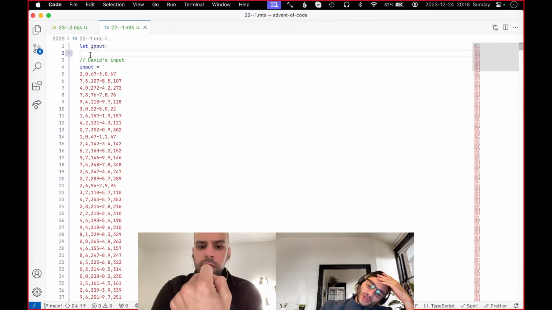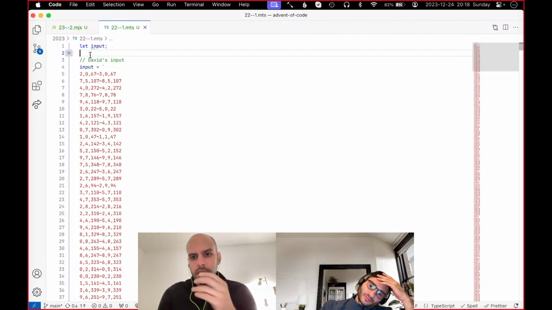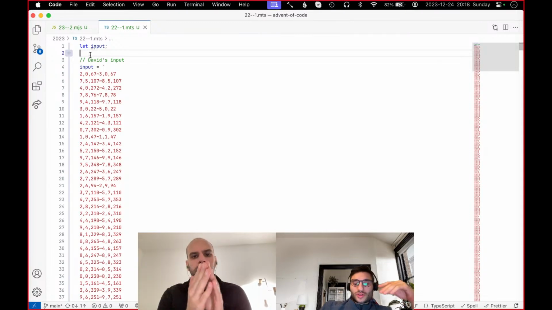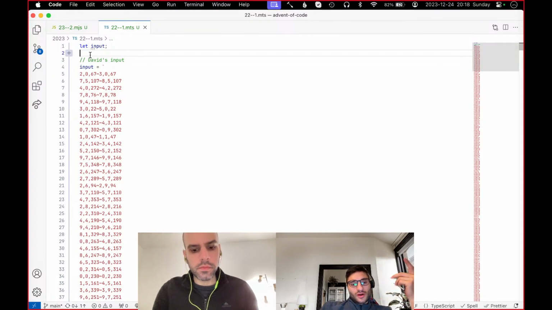Would the idea of traversing work as well? Yeah, the problem with that is that A supports B and C. So what you would do is just go up the tree.